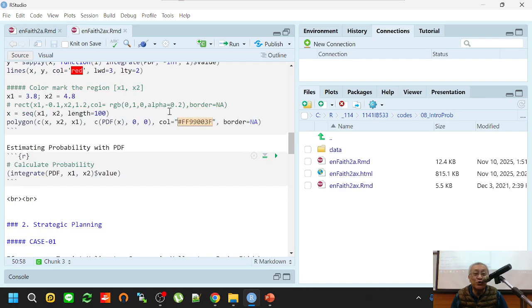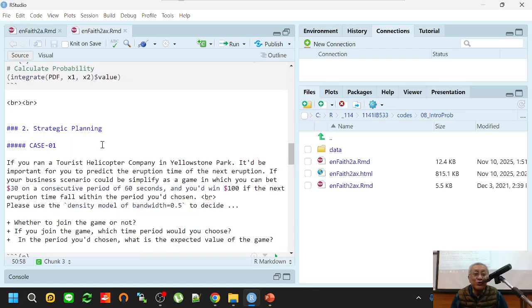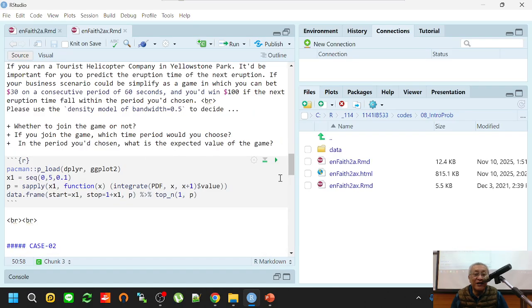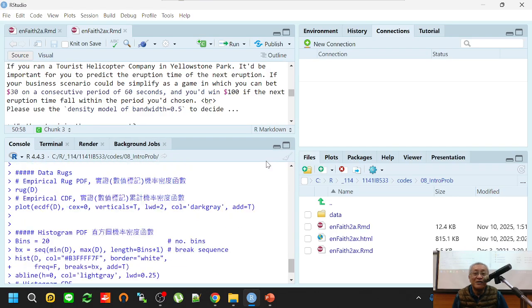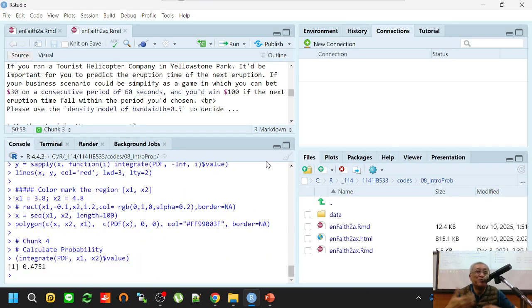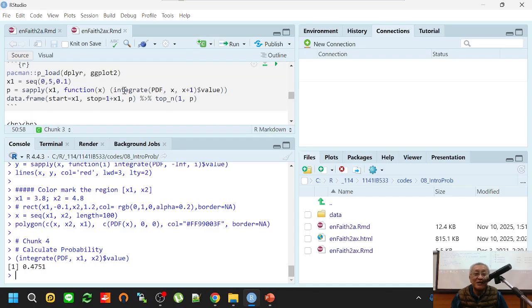So scroll down to case 1, and then press this button. It will run all of the chunks above, so you can actually build the PDF. Okay. And then now you can see this is the way to calculate the highest probability period, right?